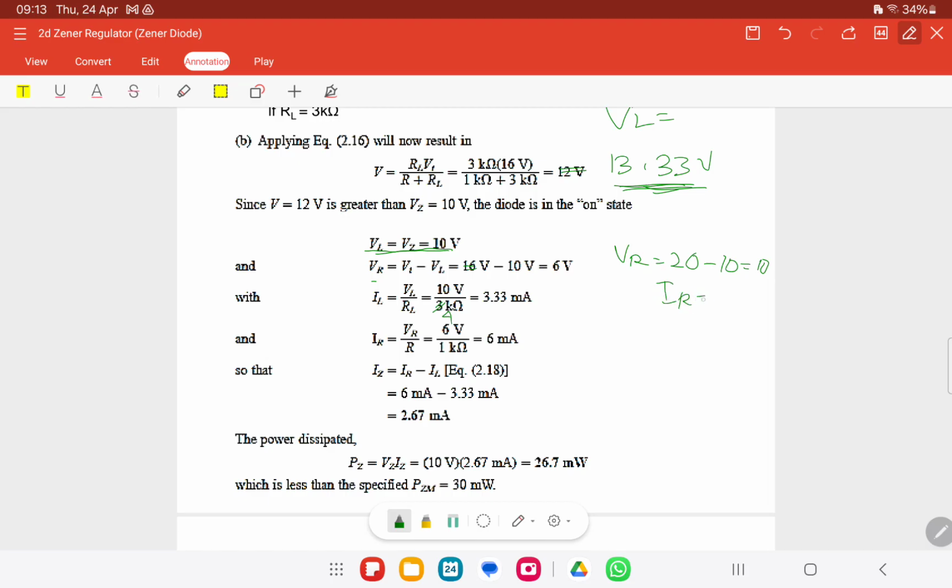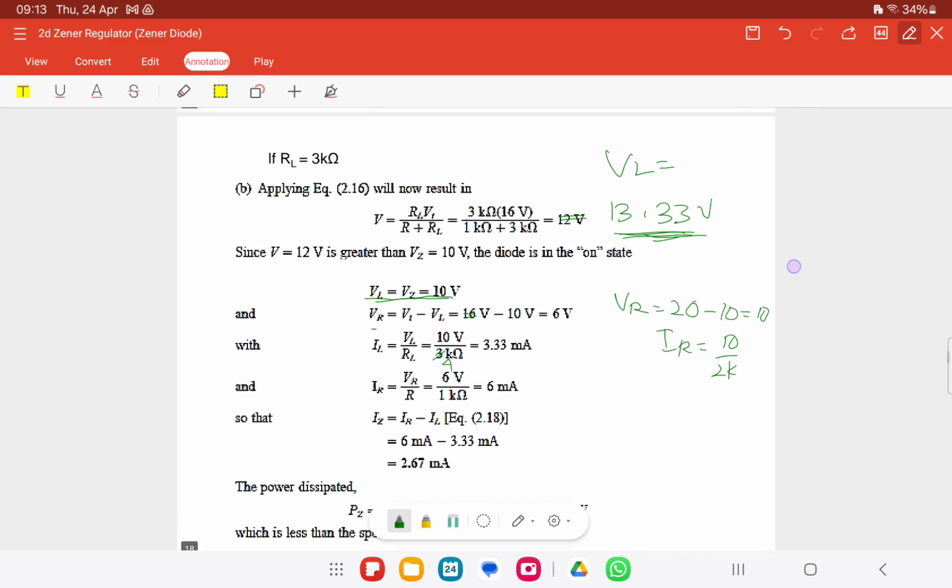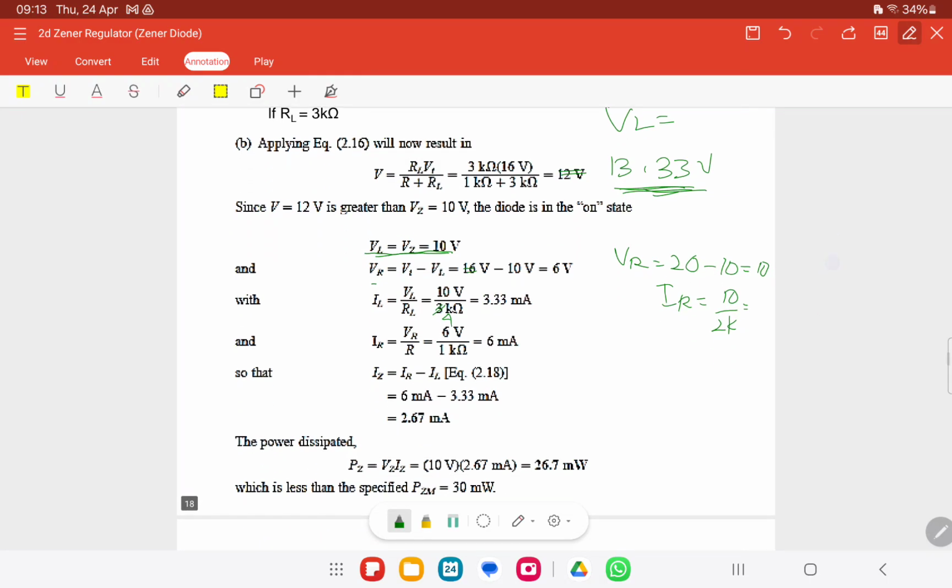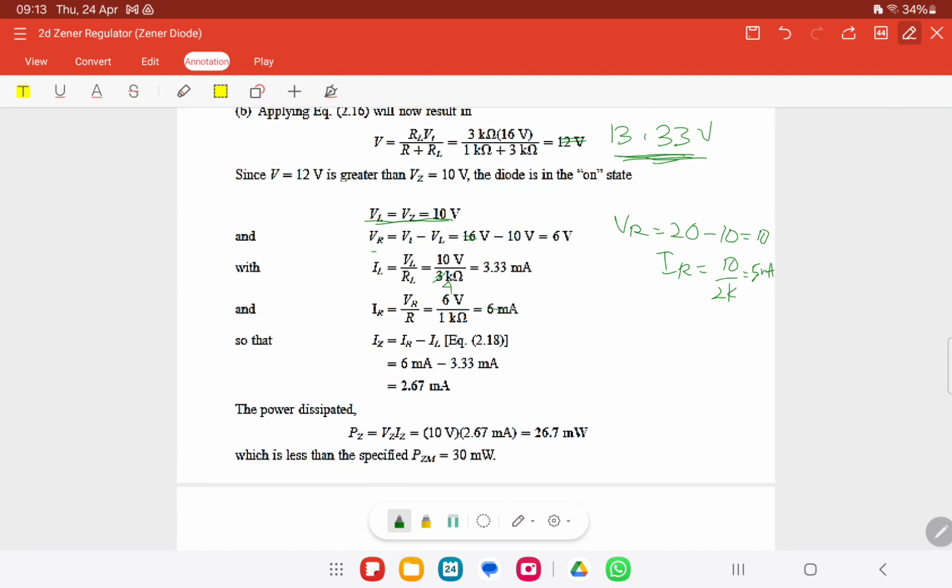IR is 10 over R, which is 2K. Whoever cannot follow, tell me. IR is 10 over 2K, which is 5 milliamperes. So IR is 5.